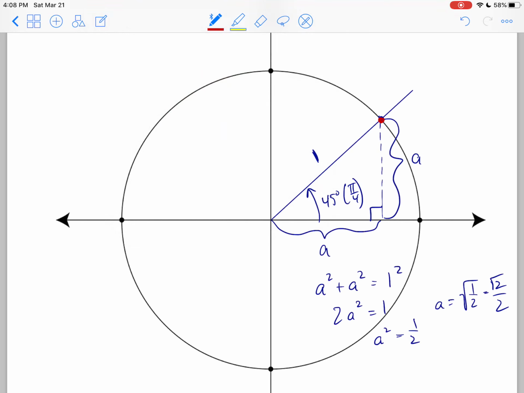So this point right here on the unit circle, this red point right here, has an x-coordinate of root 2 over 2 and a y-coordinate of root 2 over 2.